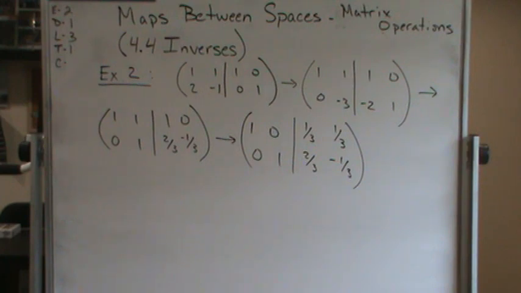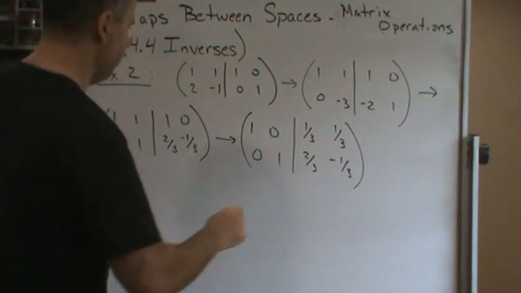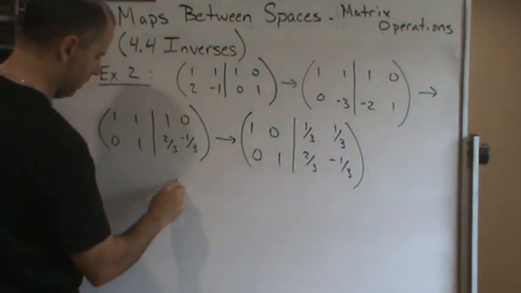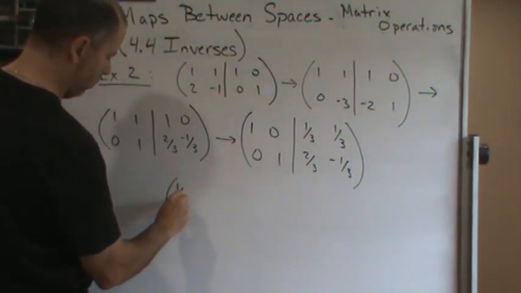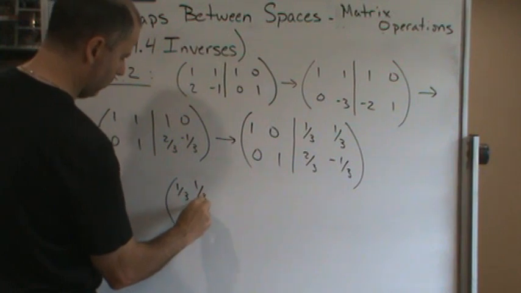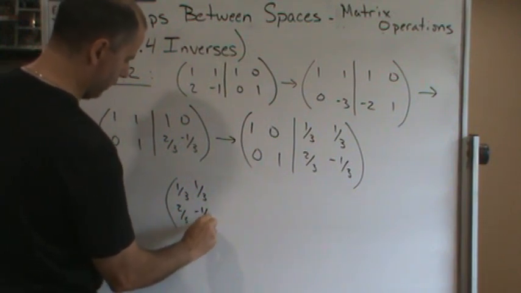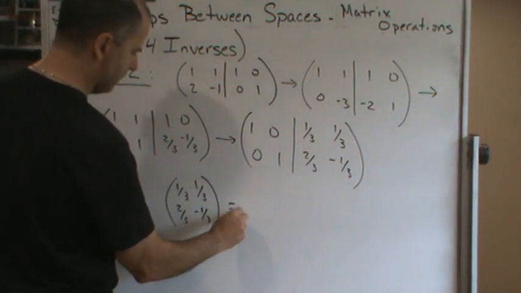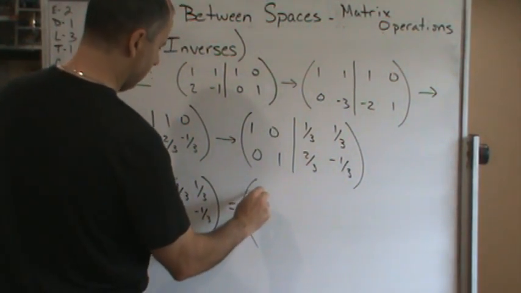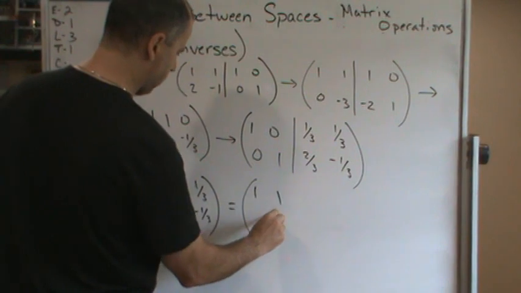Now that we have the identity on the left, that tells us we are finished. And so now we know that 1/3, 1/3, 2/3, and -1/3, right? This is equal to the inverse of this one.